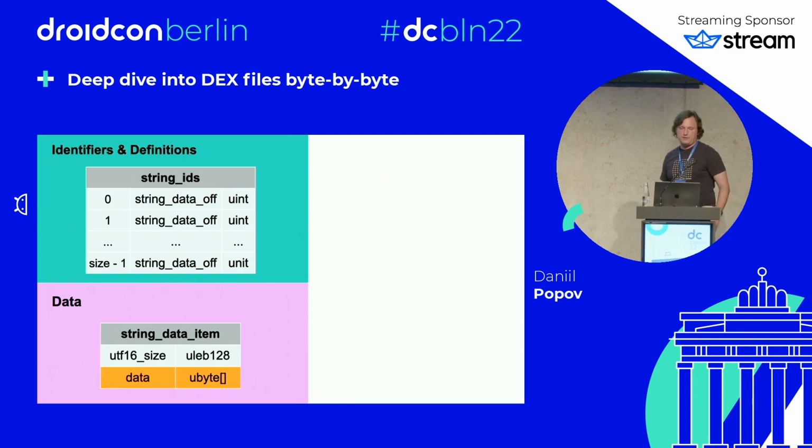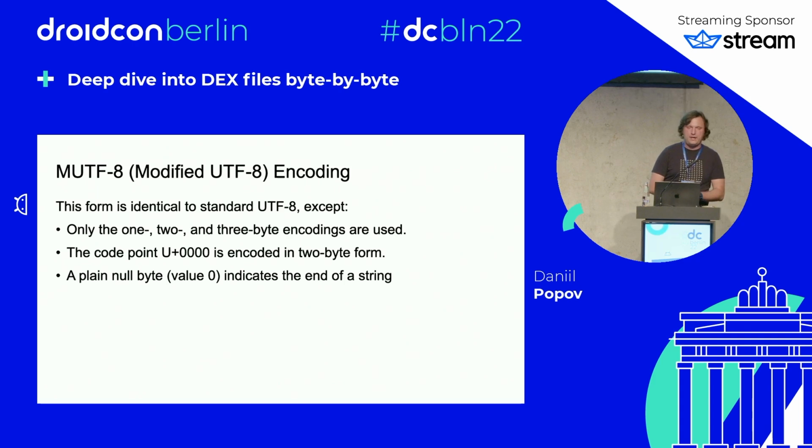It's a sequence of bytes encoded in MUTF-8. MUTF-8 is almost the same as UTF-8 encoding, but with a few minor exceptions. MUTF-8 uses only 1, 2, or 3 byte encodings, so 4-byte encodings aren't used. And the code point 0 is encoded in 2-byte form, and the strings always end with 0, like C zero-terminated strings.